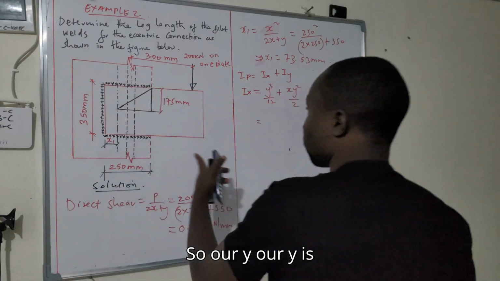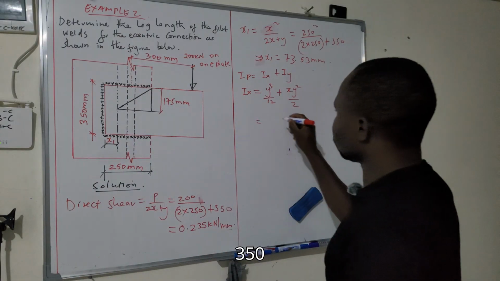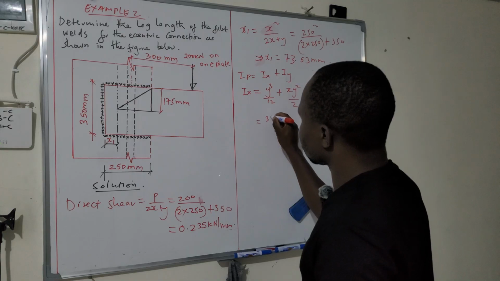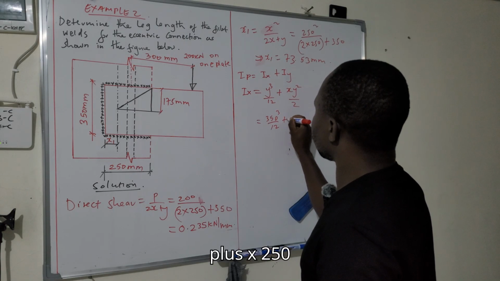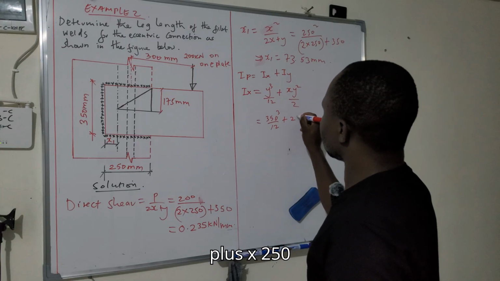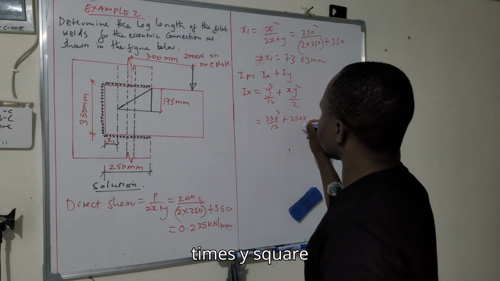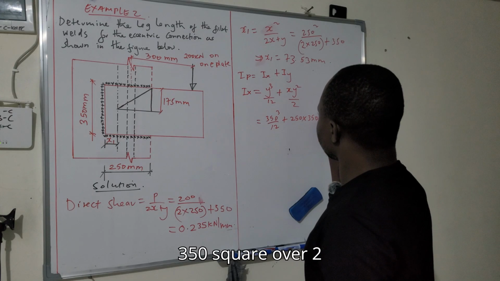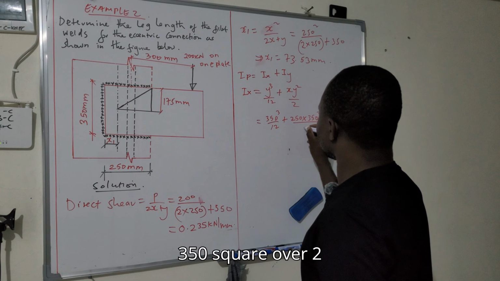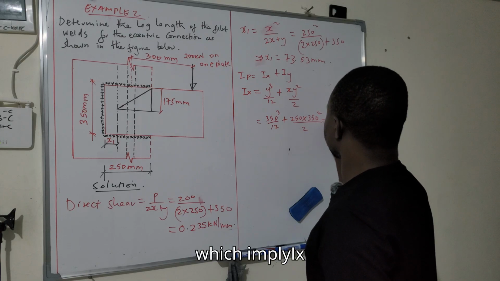So our y is 350 cubed over 12 plus x, 250, times y squared, 350 squared over 2.